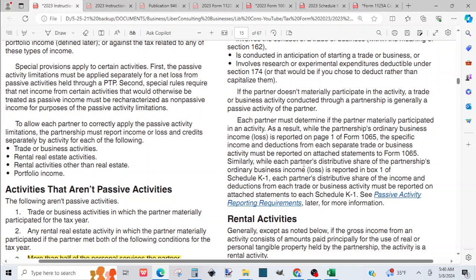Similarly, while each partner's distributive share of the partnership ordinary business income or loss is reported in box 1 of Schedule K-1, each partner's distributive share of income and deduction for each trade or business activity must be reported on an attached statement to each Schedule K-1, and then they pretty much have those.